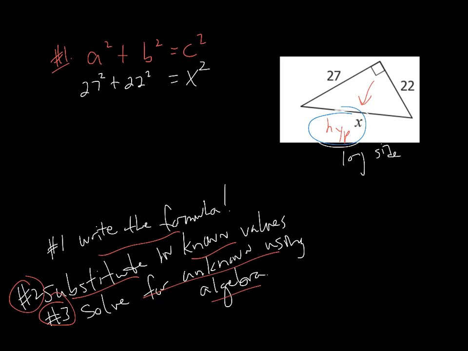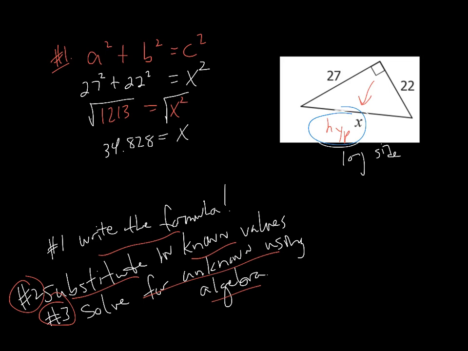When I square 27 and 22 and I add them together, I get a value of 1213 equals x squared. Now I'm going to use algebra to undo the squared side, and whatever I do to one side I do to the other. And the square root of 1213 is approximately 34.828 is equal to x.